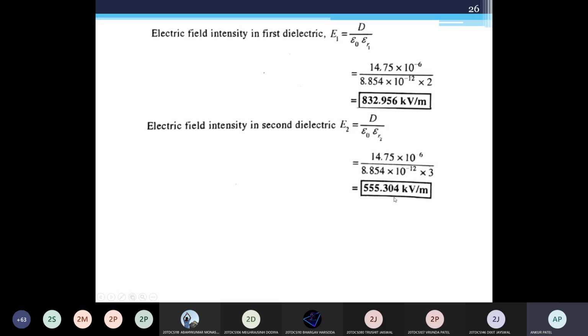E2 is equal to D upon epsilon 0 into epsilon R2, so you will get 555.304 kV per meter. If you are shifting the decimal point, then accordingly you need to write the unit, or you need to substitute by 10 raised to the power. Suppose you are shifting the decimal point, then you need to multiply by 10 raised to a positive or negative power. And what are you getting for E3?